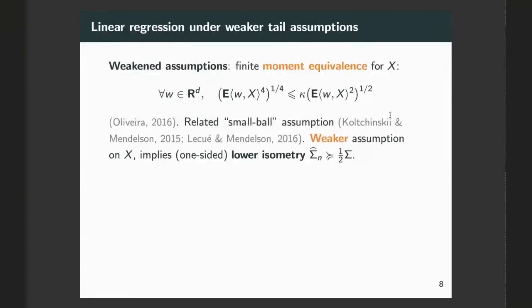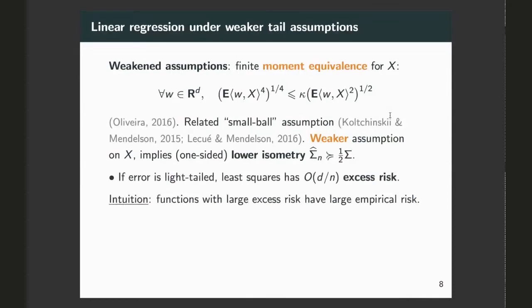It's also related to another, even weaker moment equivalence assumption, called the small ball assumption, which was introduced by Koltchinskii and Mendelson, and Lecué and Mendelson. These assumptions are weaker than the sub-Gaussian conditions on X, and they don't imply matrix concentration as before, but they imply something weaker, which is just a one-sided bound. We just know that the empirical covariance is at least as large as the population covariance, but it can also be much larger.